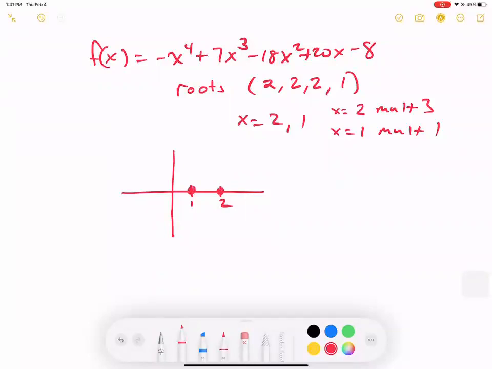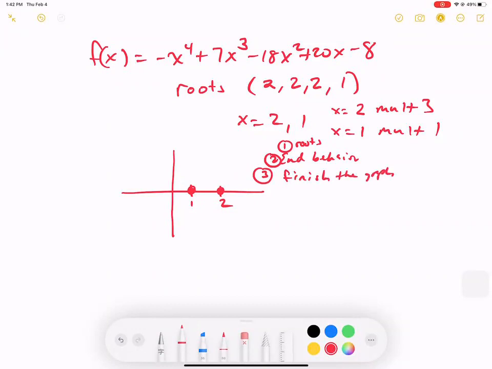Next thing we work on is end behavior. So let's write it. 1 is roots. 2 is end behavior. And 3 is journey. The journey is finishing up the graph. Sorry, my writing's terrible.